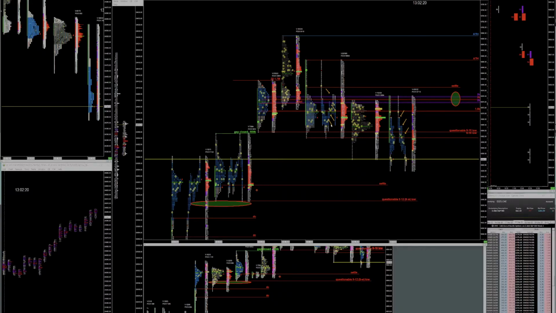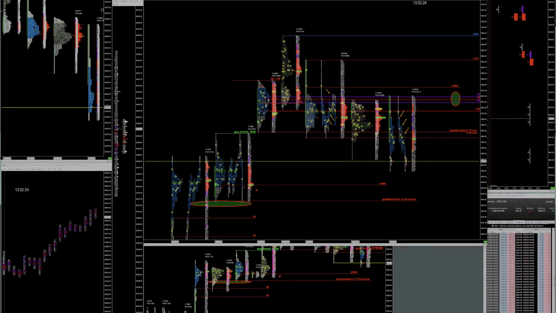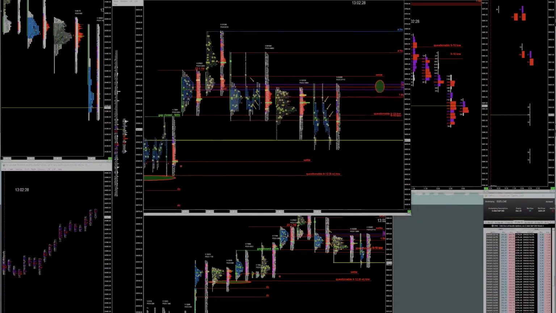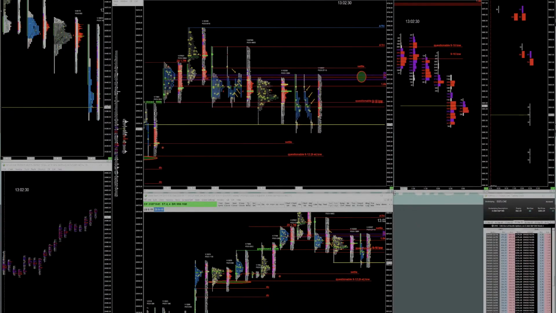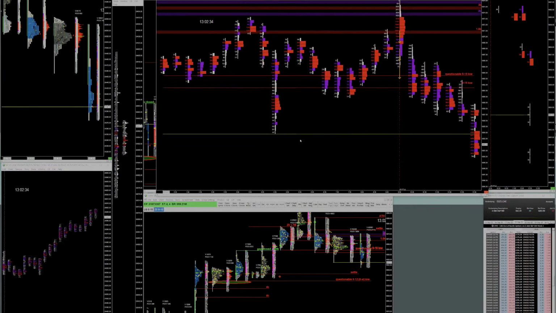From the previous days, from yesterday and the day before yesterday, something that I was noticing is how volume was drying up in a weird way, just like this, for example. You have the overnight, that spike. You can see a tremendous amount of volume down here, but it doesn't have downside extension.